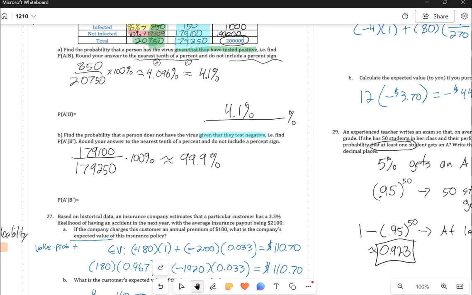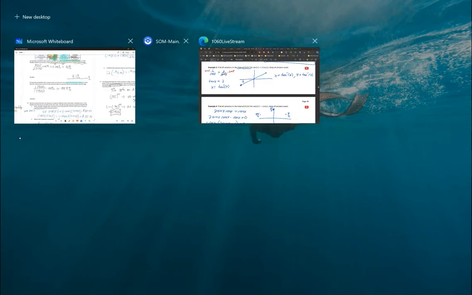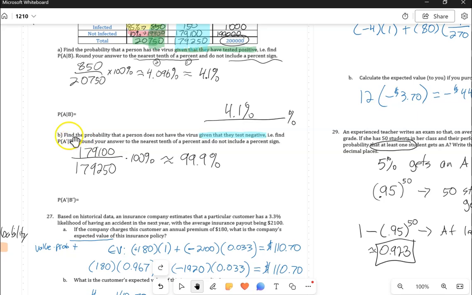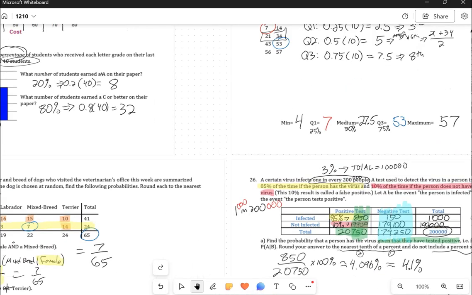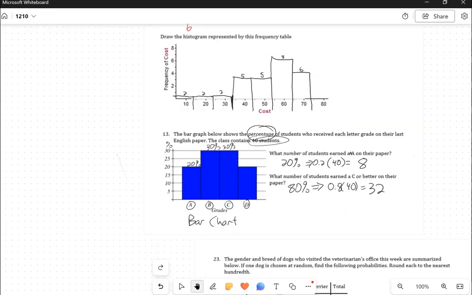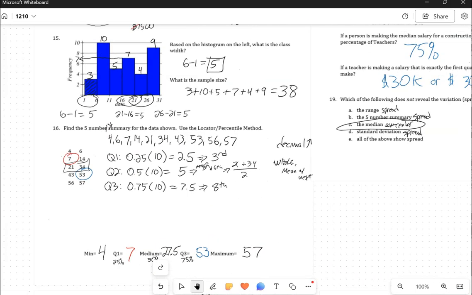There was a question similar to question number 18. Let me find question number 18.